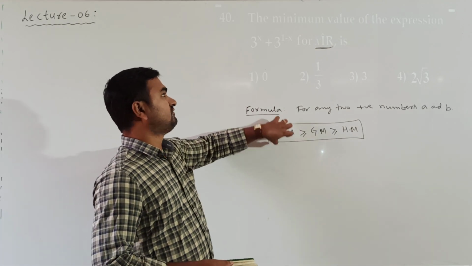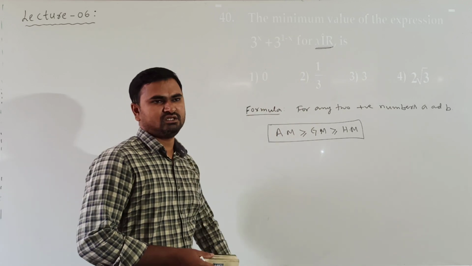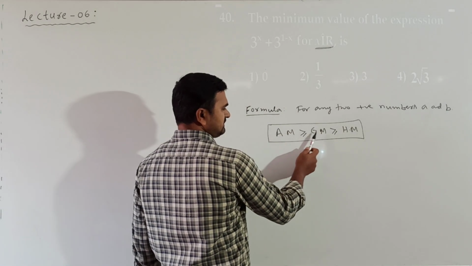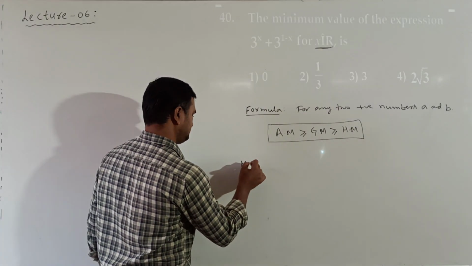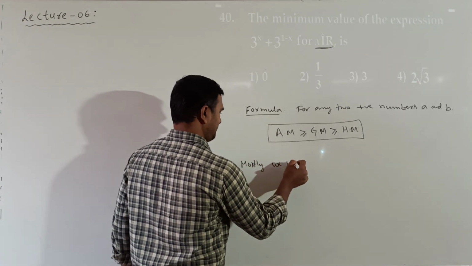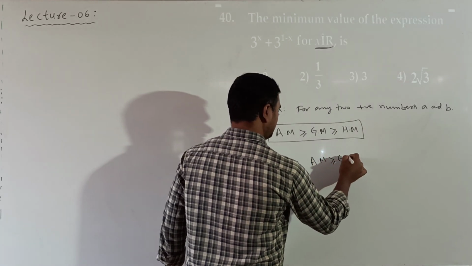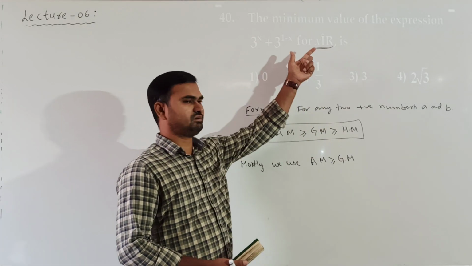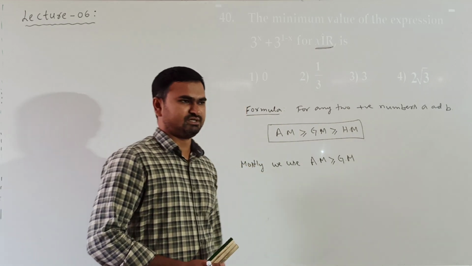This is used for solving problems where we need the minimum or maximum values of quantities. Mostly we use AM greater than or equal to GM: the AM of two numbers is always greater than or equal to the GM of the two numbers.